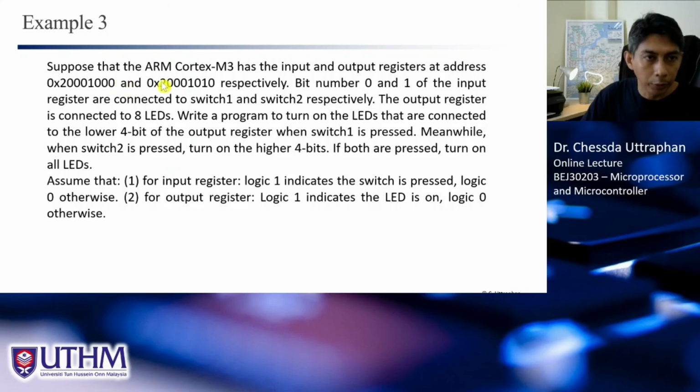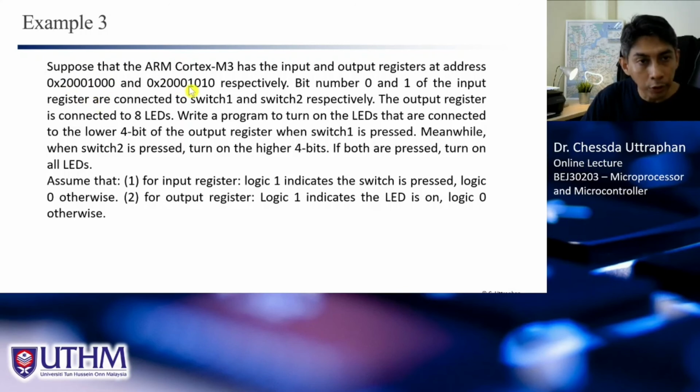Suppose that we have an ARM Cortex M3, which is a microcontroller, with input and output registers at these addresses. This is the input register, and this is the output register.